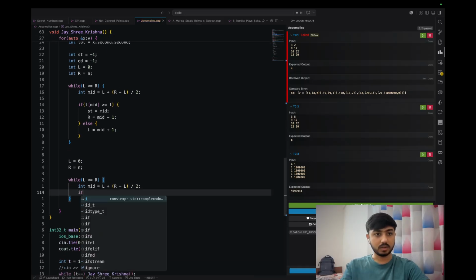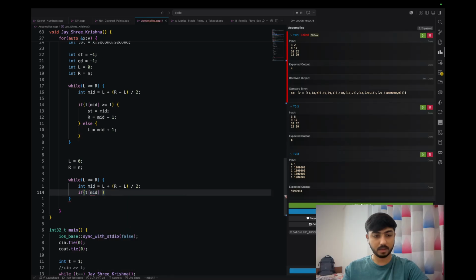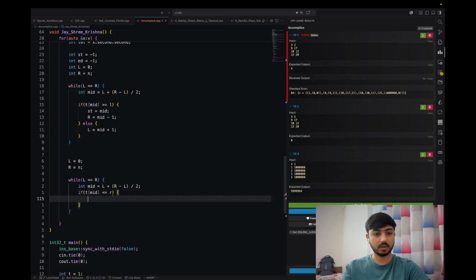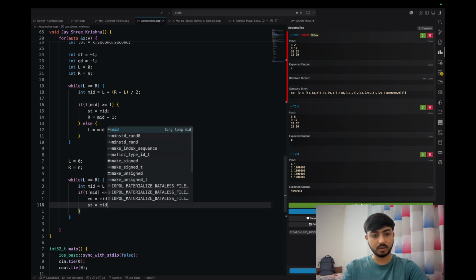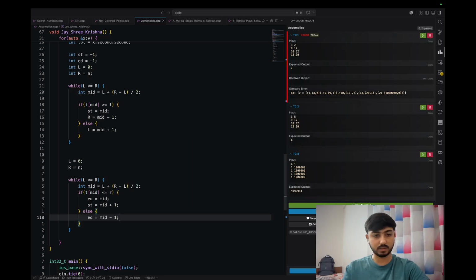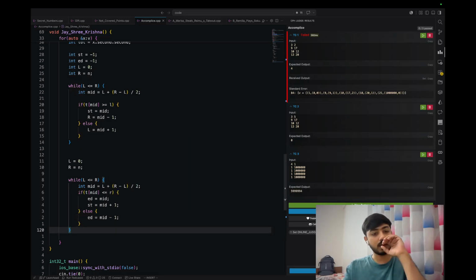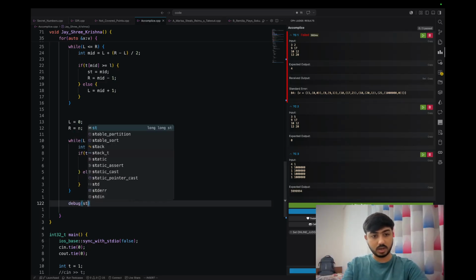Check if T of mid is less than or equal to this R, end is equal to mid, start is equal to mid plus 1, else end is equal to mid minus 1. Okay, we have start and end.